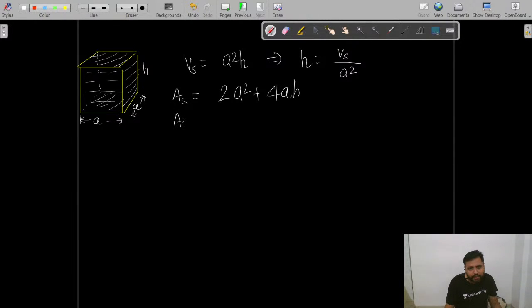Now you can write As is equal to 2A square plus 4 into A into, in place of H, what can you write? Vs upon A square.